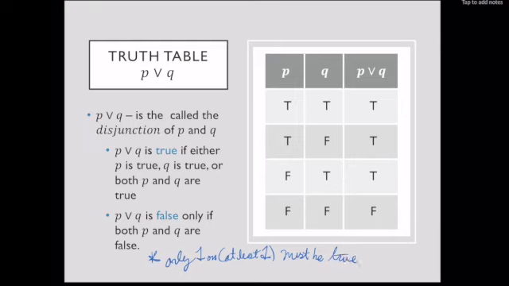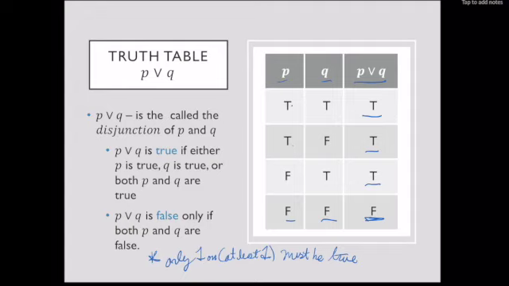So again, I set up my truth values for my simple statements P and Q. I do true, true, false, false, true, false, true, false. This is so I can set up my table. And P or Q is true as long as I have one true value in P or Q. So true and true gives me a true, true or false gives me true, false or true gives me true, and then double false gives me false. So this is quite different from and.